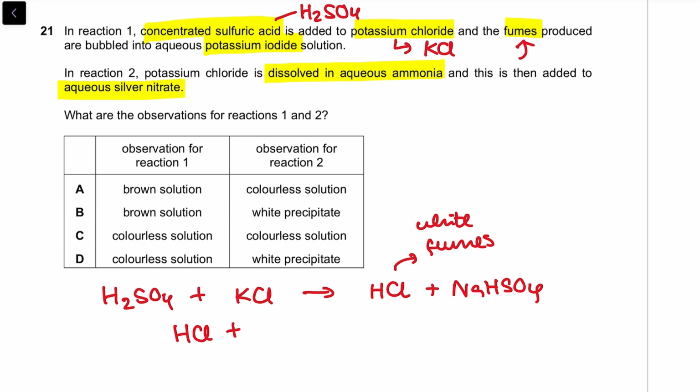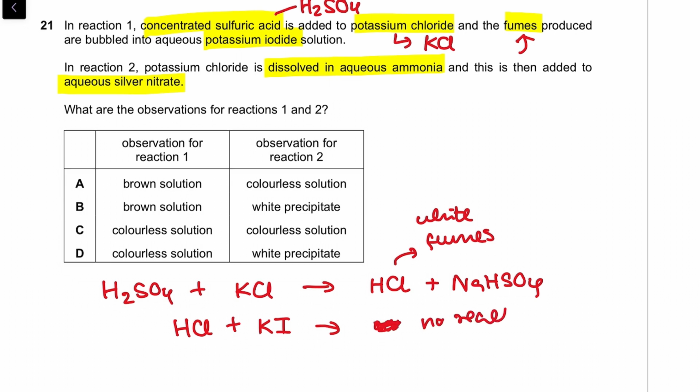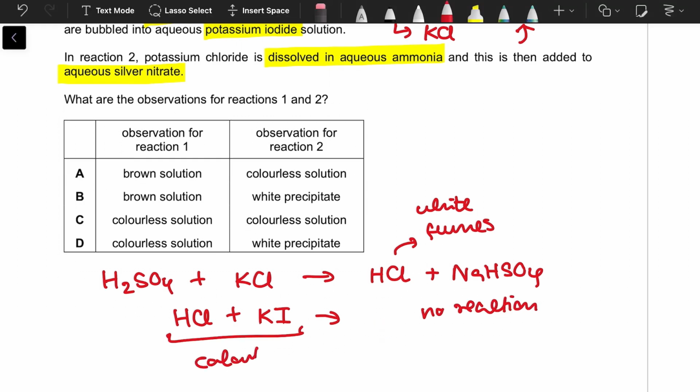HCl plus potassium iodide is actually not going to produce anything, so no reaction. Both HCl and KI are colorless, and no reaction takes place. That is because Cl is more reactive than iodide, so iodide cannot displace it.